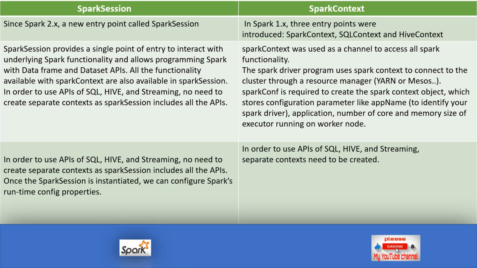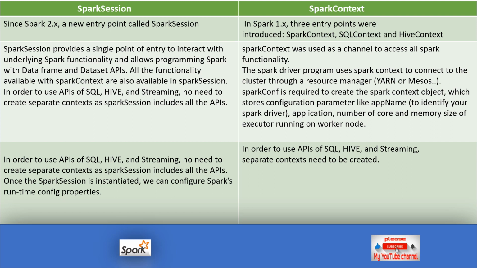If you see this slide, since Spark 2.x, a new entry point called SparkSession was created. In the old version, there were three entry points: SparkContext, SQLContext, and HiveContext, which we talked about in the previous slide. SparkSession provides a single point of entry to interact with the underlying Spark functionality and allows programming Spark with the DataFrame and Dataset API.